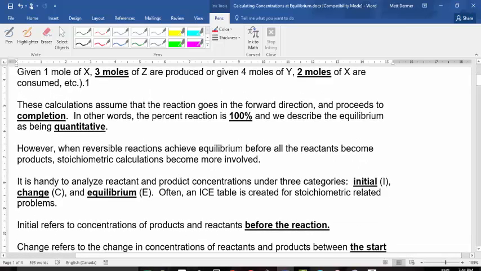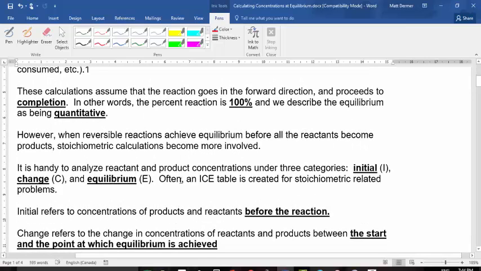To answer those types of problems, it's handy to look at the products and reactants under 3 different categories: their initial concentrations, the change in their concentrations, as well as their equilibrium concentrations. We usually put all of this information into a table, and these types of tables are often referred to as ICE tables.